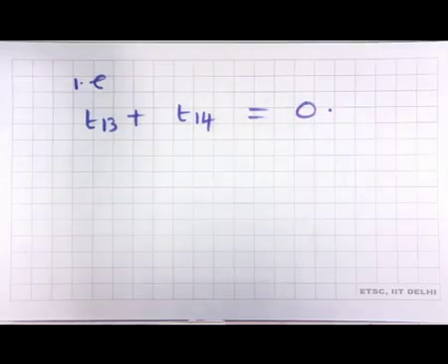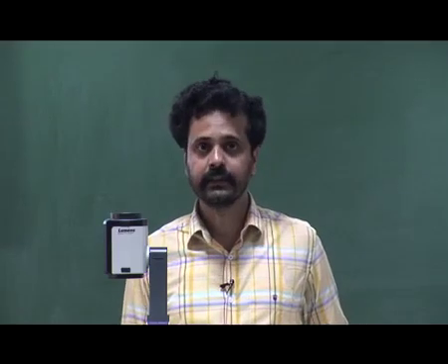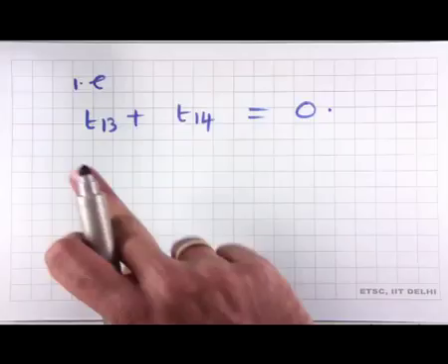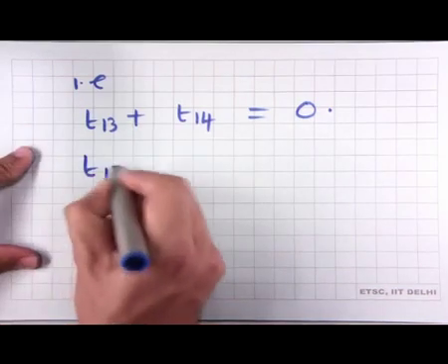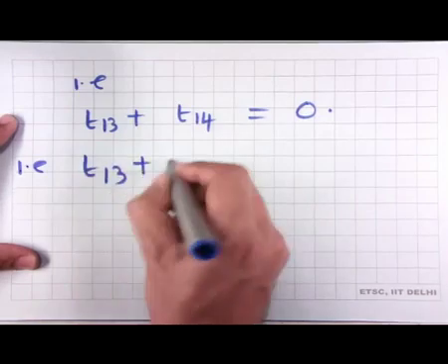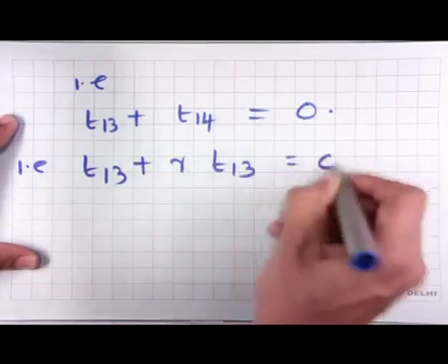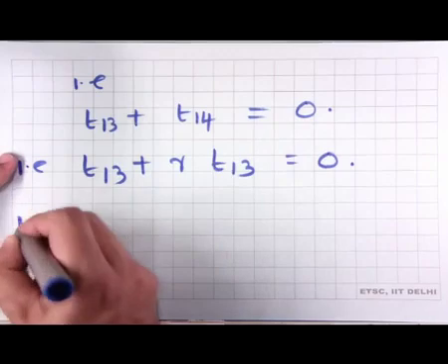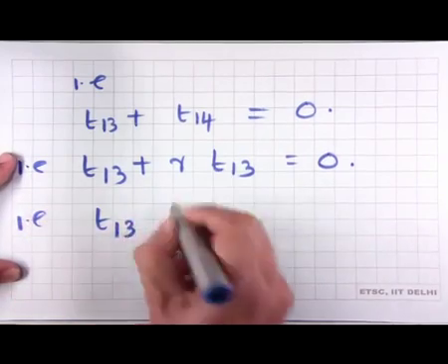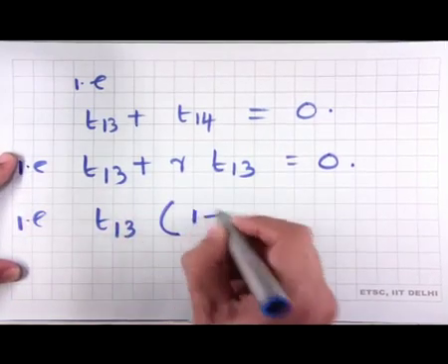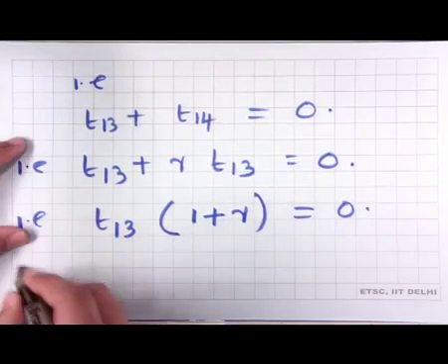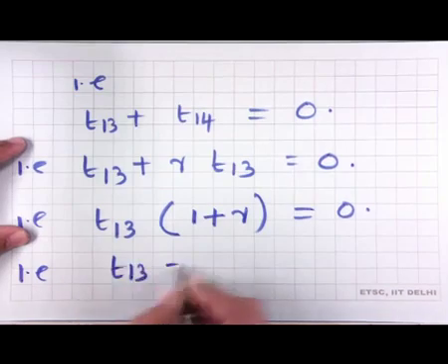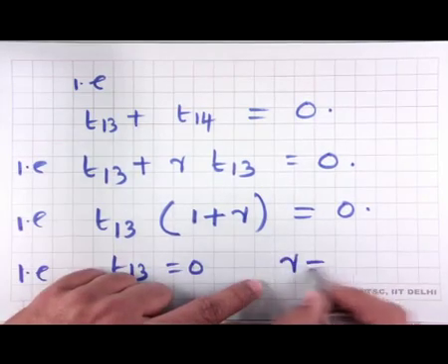Since it is a GP, the 14th term will be a constant multiple of the 13th term, where that constant is called common ratio. That is T13 plus R T13 equal to 0, which amounts to T13 times (1 plus R) equal to 0. That is, T13 equal to 0 or R equal to minus 1.